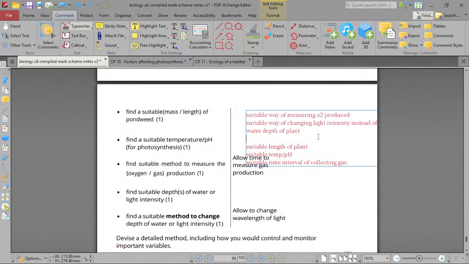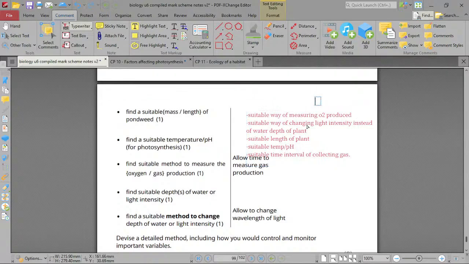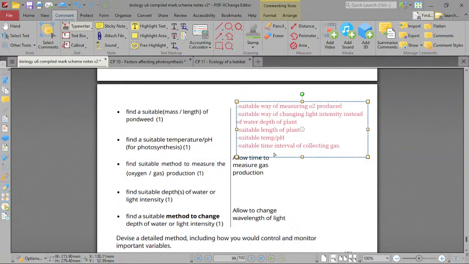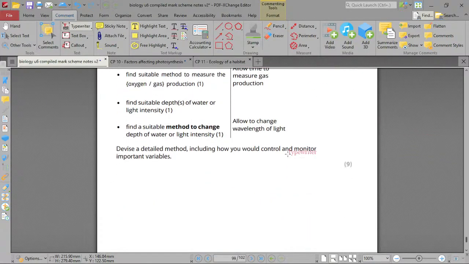Well, suitable light intensity makes no sense because we're changing it. It's a bit weird, so I'm fine with not putting that as a point because it's not a control variable, so it's not the same way as the last 2 points.